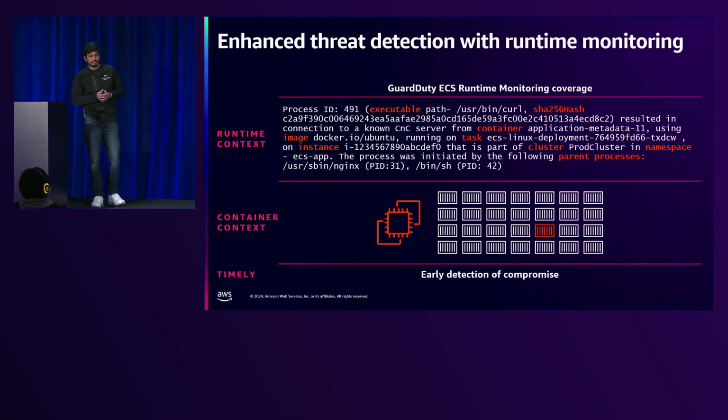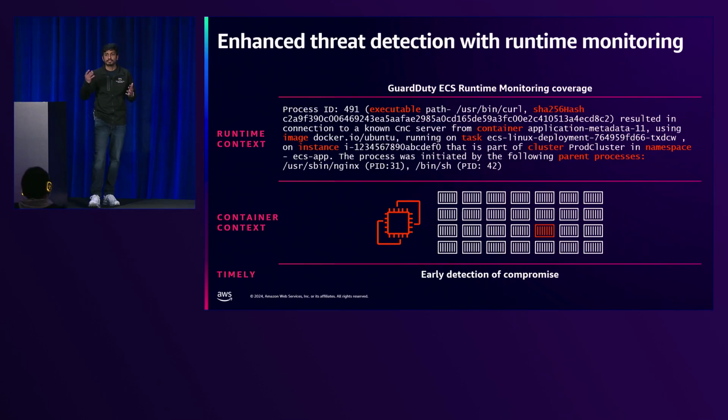If you see in this example, it is giving us a lot of information, including which container is affected, what Docker image was used, what the SHA-256 hash is, and it also shows the cluster name, the namespace, the parent process, the path being executed in this particular container, including the process ID as well. In the container context area, as we discussed initially, containers are scalable.